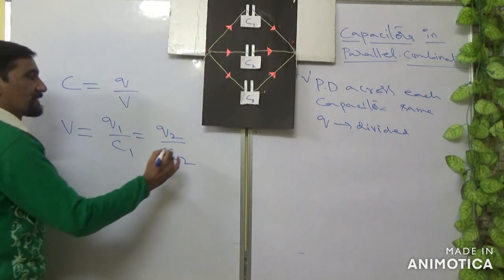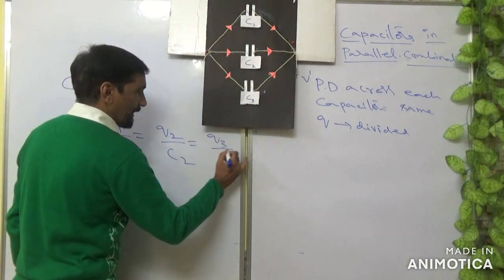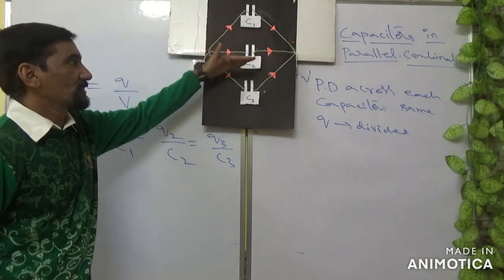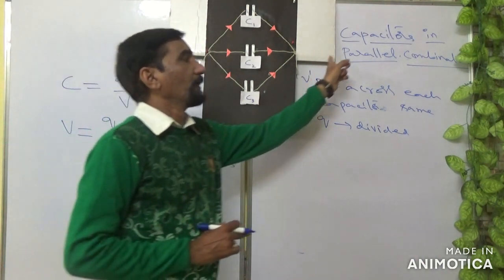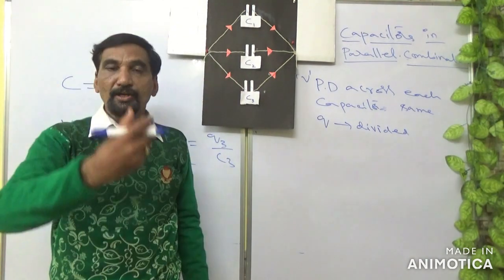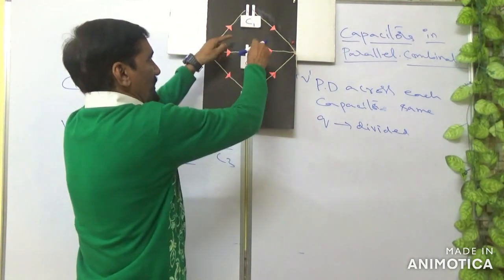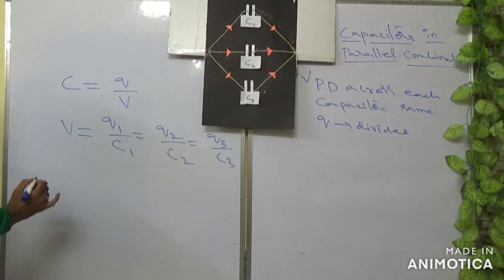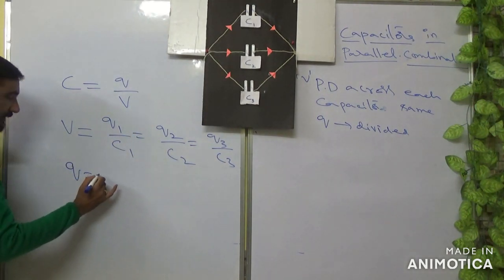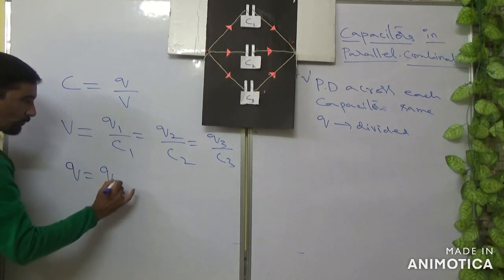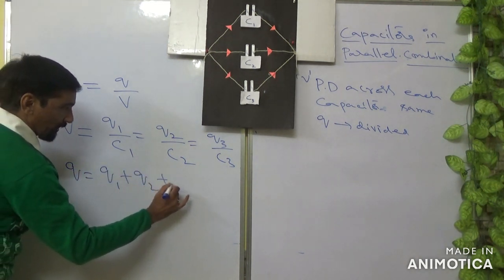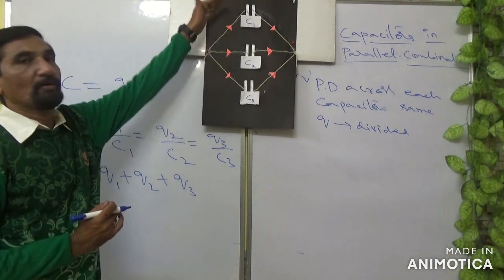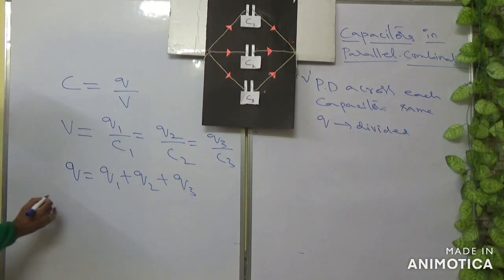Okay, or it is equal to Q3 by C3. So remember, whenever capacitors are joined in parallel combination, potential difference across first or second or third remains same. Okay, so Q is divided now, that is, total charge is equal to sum of the charges.